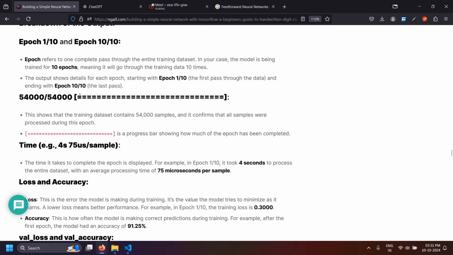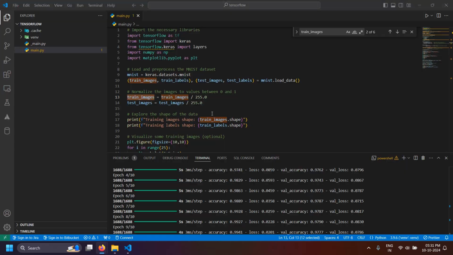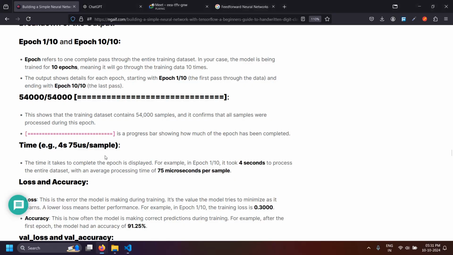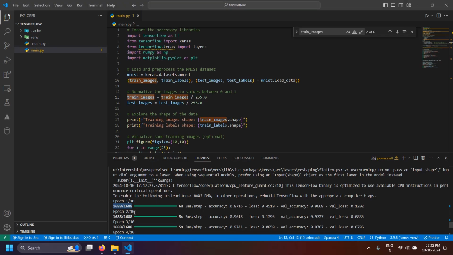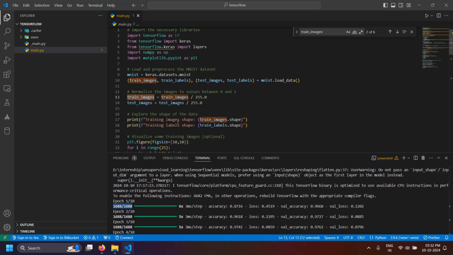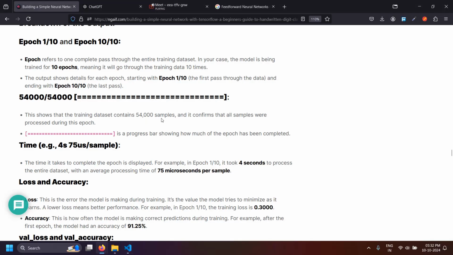And of course this is the progress bar. Here it is showing 1688 by 1688. So how to read this? This shows that the training dataset contains 1688 samples, and it confirms that all samples were processed during the epoch. This is how you read it.